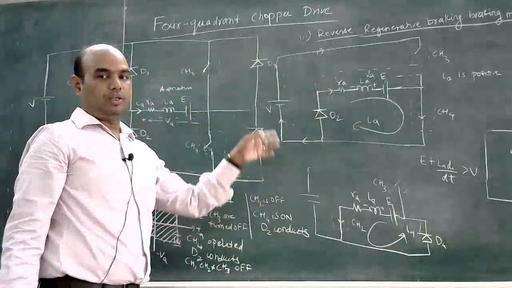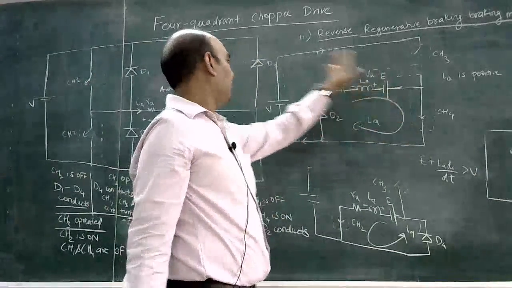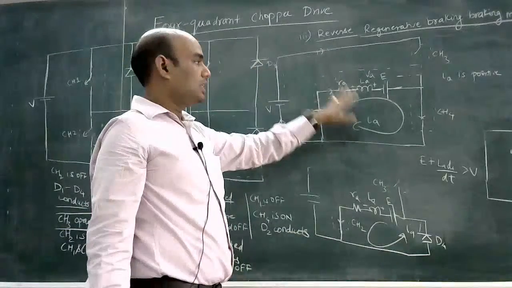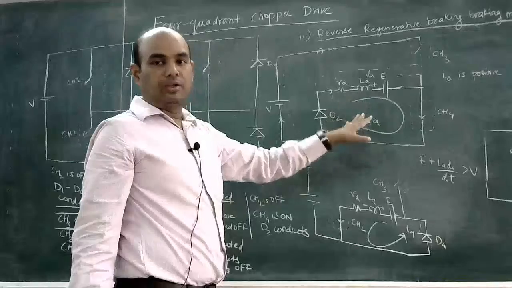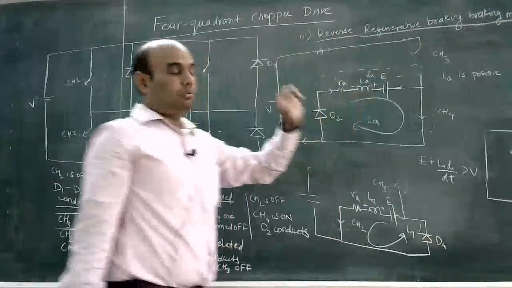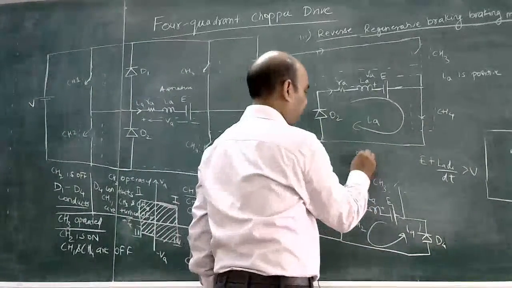So we are charging this inductor, so we can give supply back to the source. At that time this will behave like a generator. So this is regenerative braking.